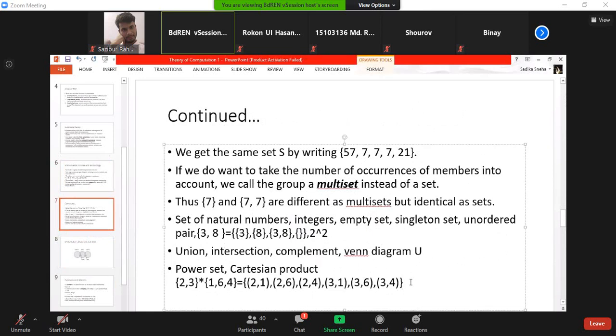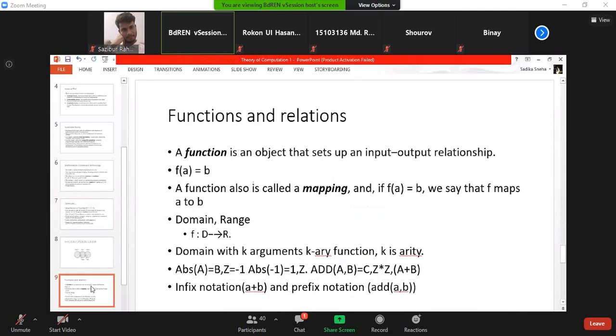Let me write this here. Sequence should also be there. And we have seen functions: what is a function, what is mapping, what is domain, what is range, and the arity of a function. These are the things we have seen today, nothing more.